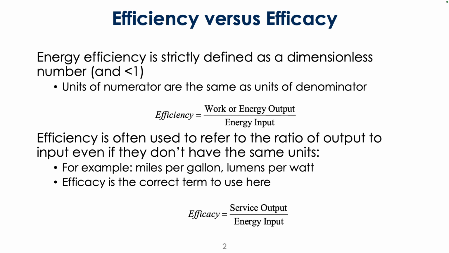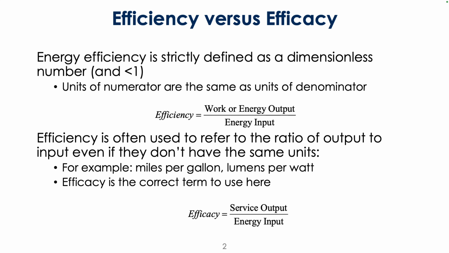So efficiency is often used to refer to a ratio of output and input, even if they don't have the same units. For example, we've talked a lot about gasoline fuel efficiency, which is in miles per gallon, or electric vehicle efficiency in kilowatt hours per mile or miles per kilowatt hour.